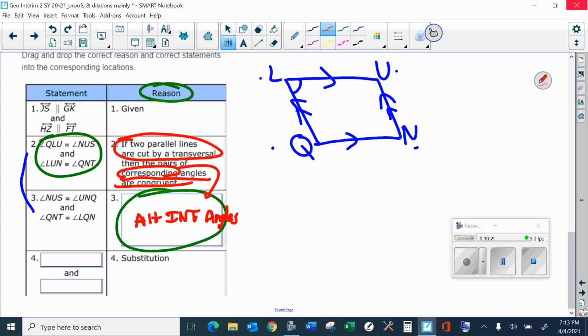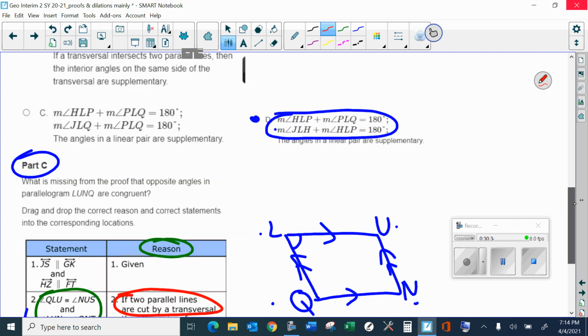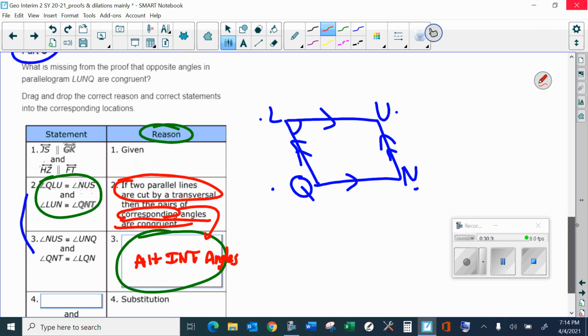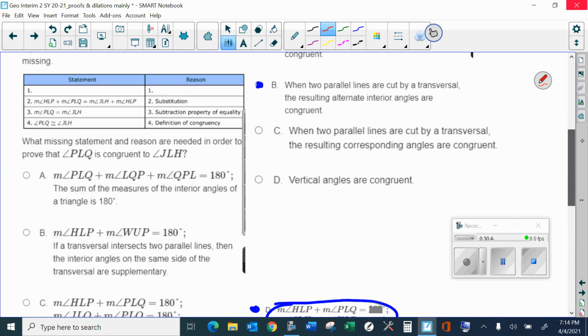And then don't forget what you're trying to prove is always last. Okay, and they're telling you it's by substitution. What is it we're trying to prove? That the opposite angles of a parallelogram are congruent.